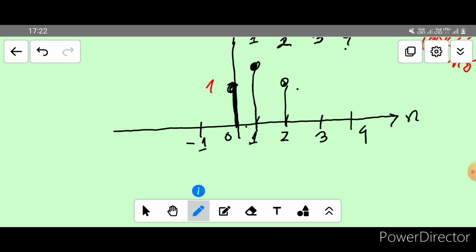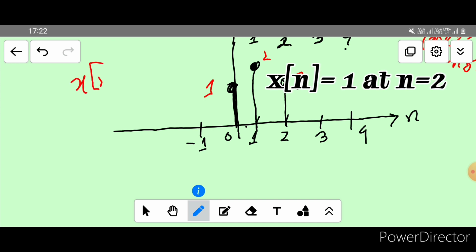So this is 1, this is 2, this is 3, and this is our signal xn plus 1.